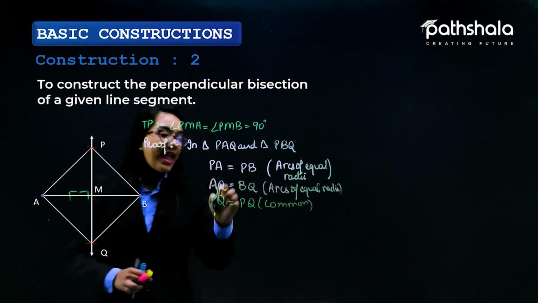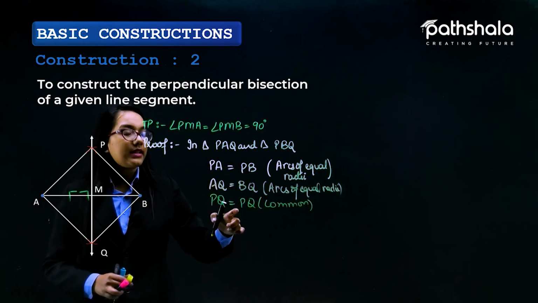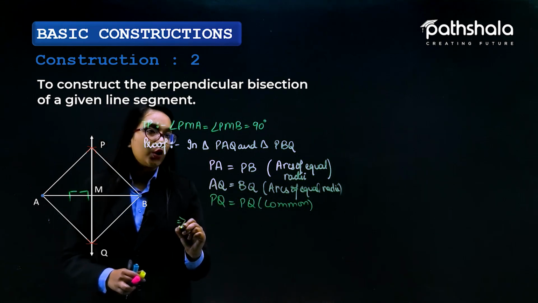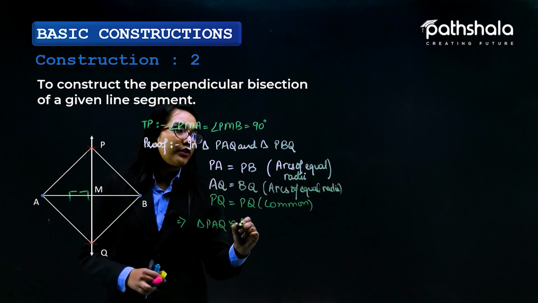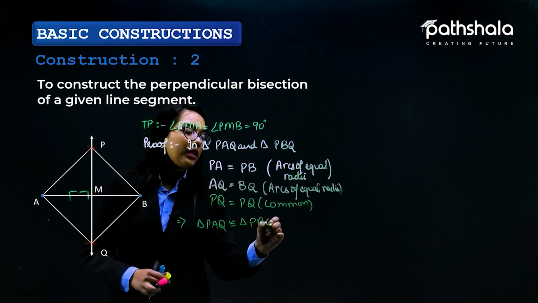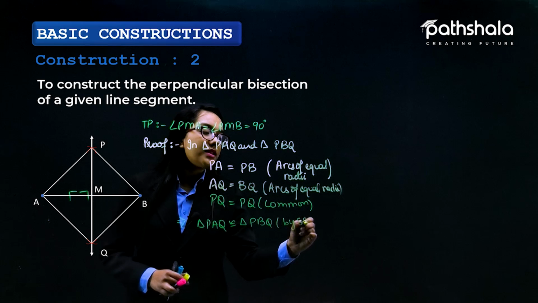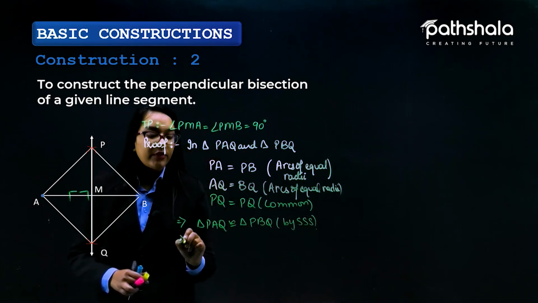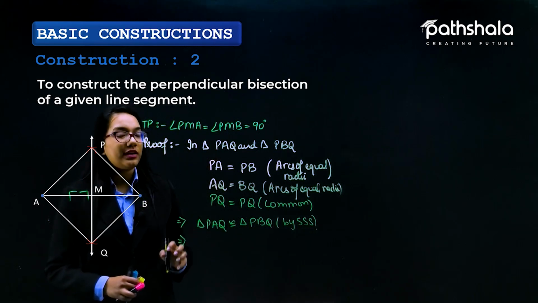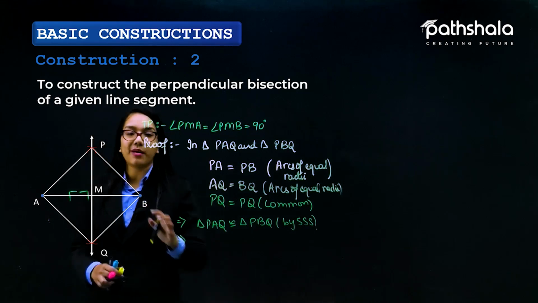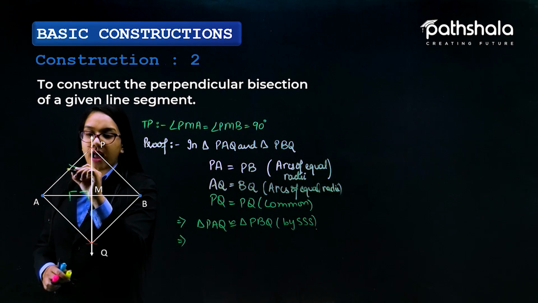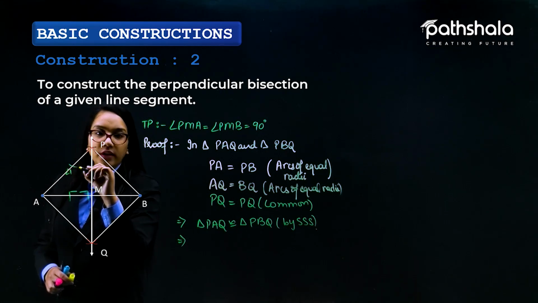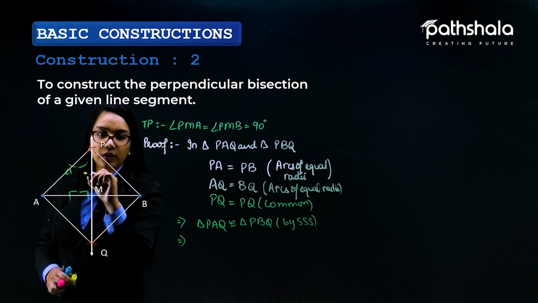So from SSS, this is side, this is side, this is side. From the SSS rule, we can say that the triangle PAQ is congruent to the triangle PBQ by the SSS congruency rule. And if they are congruent to each other, then let us suppose I am calling this angle as angle 1 and this particular angle as angle 2.